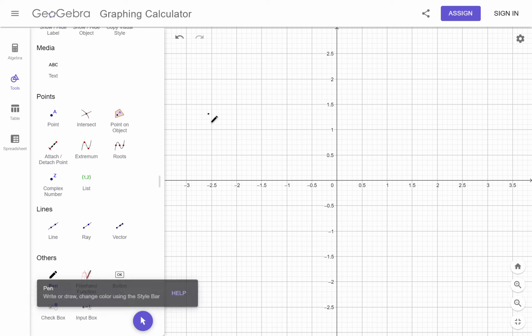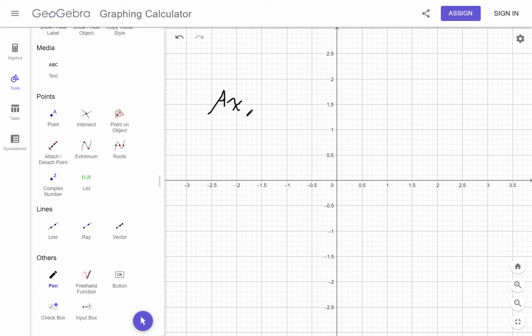Standard form is defined as ax plus by equals c. C is a constant. Ax and by are terms. A cannot be negative, and none of these values can be fractions.